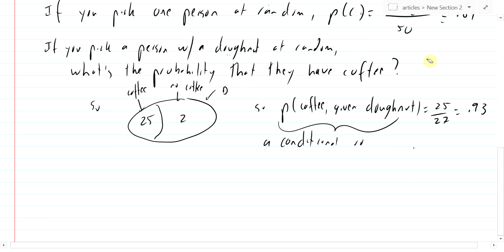And one can write probability a little tidier than that. Right?